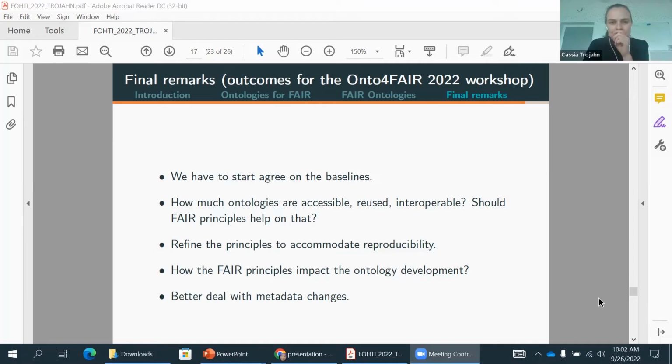Yeah. So the question is how you can quantify the accessibility. Accessibility is, for example, with FOOPS, you can see if the metadata can be retrieved using standardized vocabularies, and if the metadata are accessible, even if the resource is not accessible.